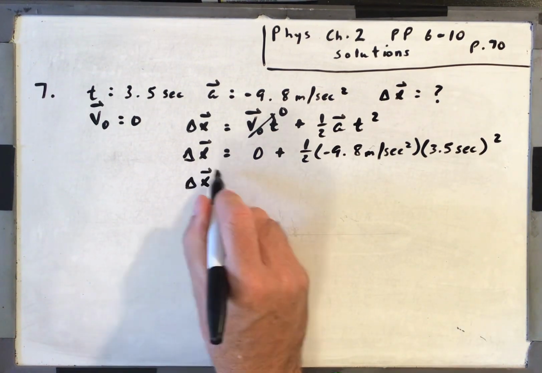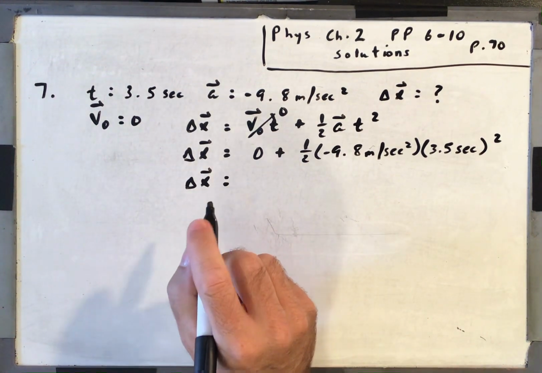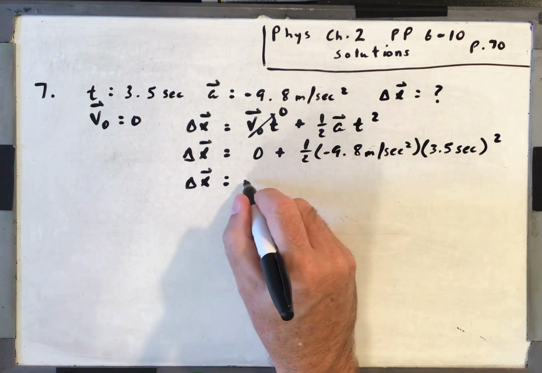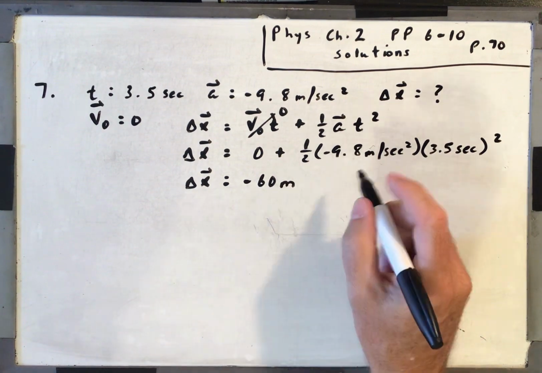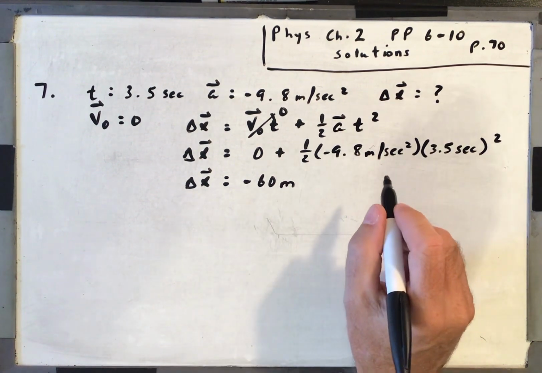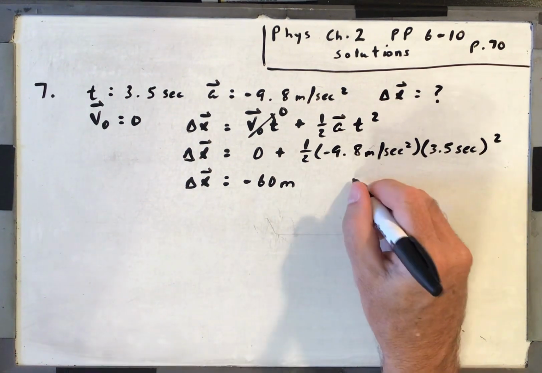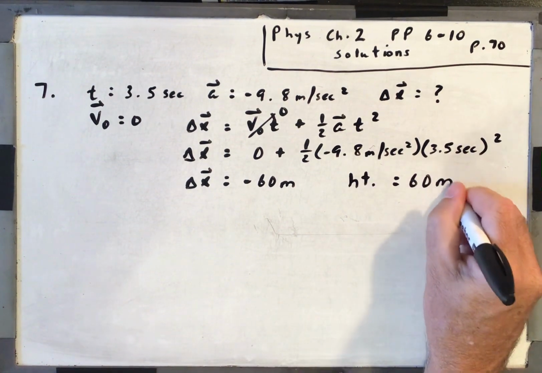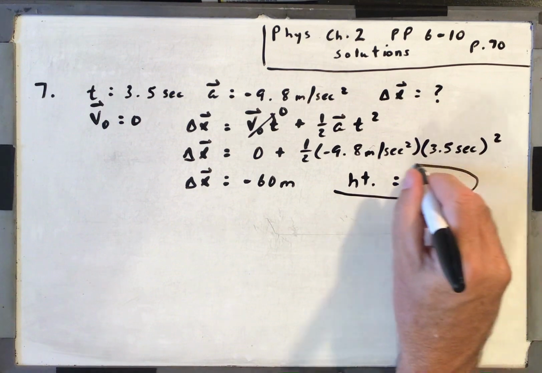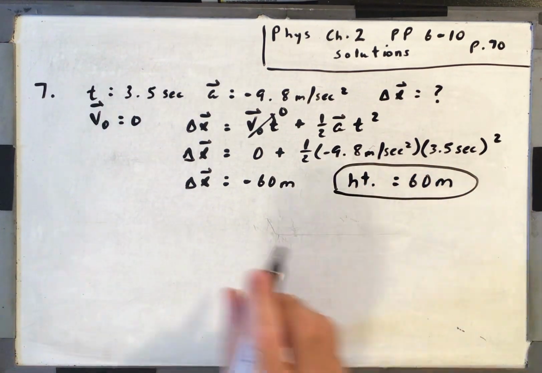So delta x is negative 60 meters. But we don't report heights of something as negative. That was just the displacement of the rock, so our height is equal to 60 meters. Height is just going to be the positive of the displacement.